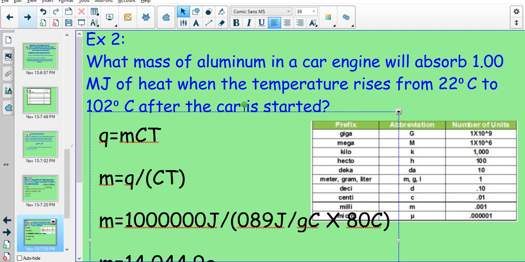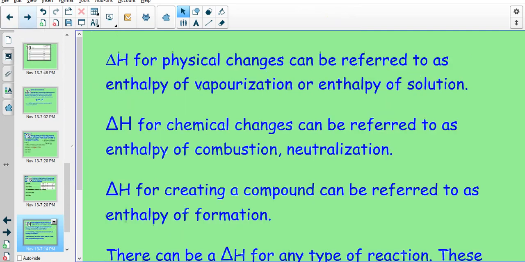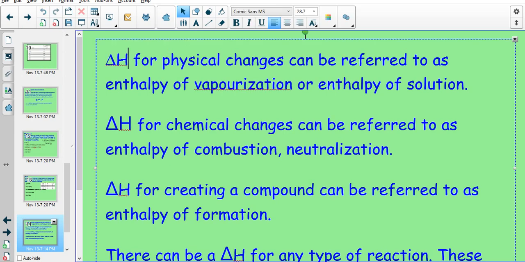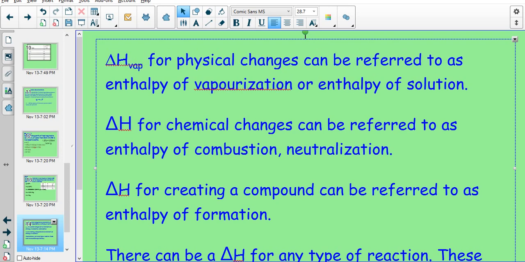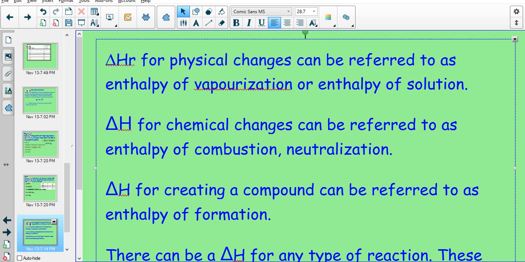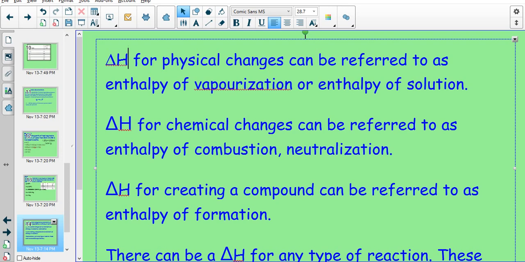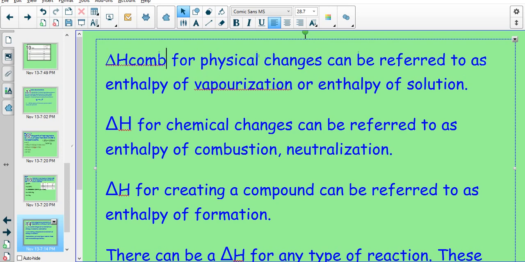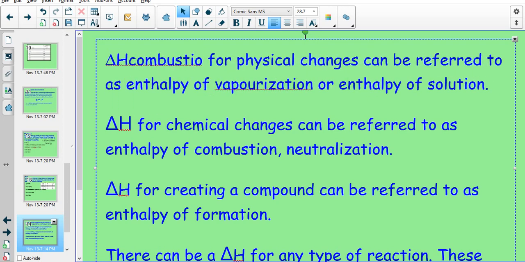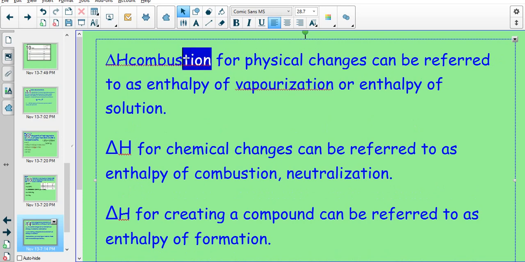Right, so that's it for calorimetry. Now briefly just lead us into what will be coming up, molar enthalpy. Delta H can have a different subscript. It can be delta H of vaporization. You saw delta H of reaction, it can be delta H of combustion.